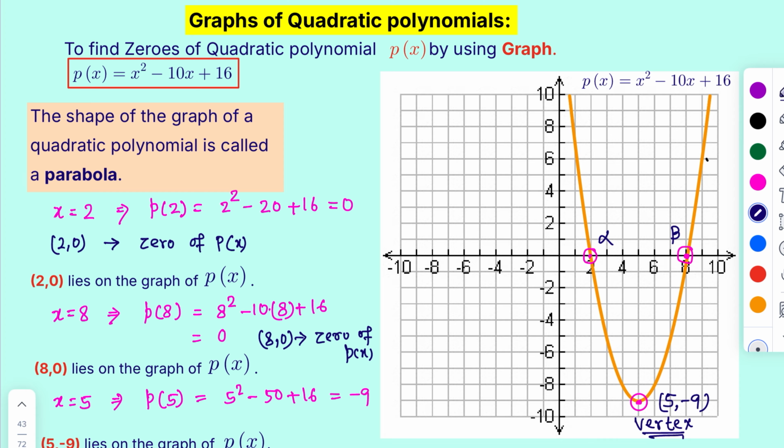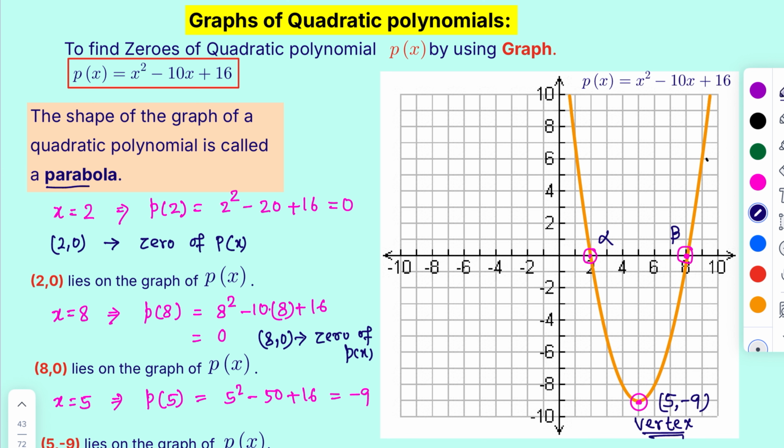If you take all the points related to x, then we will get corresponding values of y. And the shape thus formed after connecting all the points is looking like a U structure, which is called a parabola. The structure of the graph of the polynomial is a parabola.